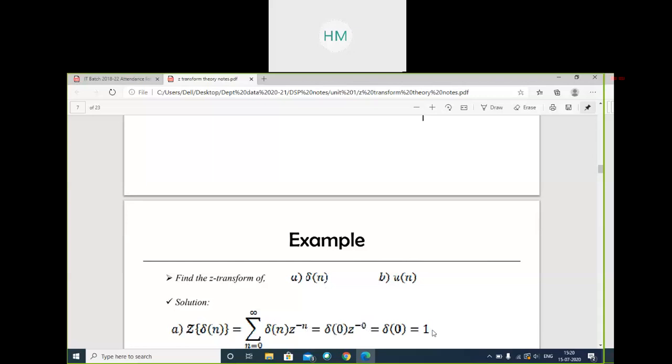It is 1. So z transform of del of n is 1. Is it clear? Very good, Jaya. It is 1. And for unit step function u of n, now you can try. Please try, students. I think you have tried. For u of n, what it will be?